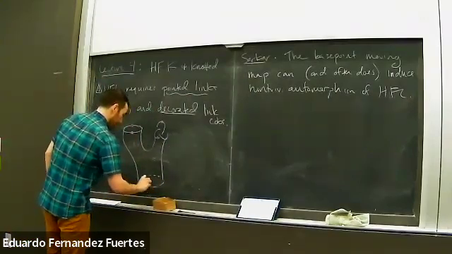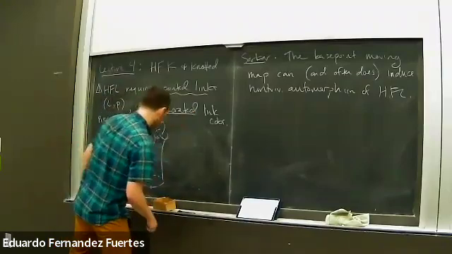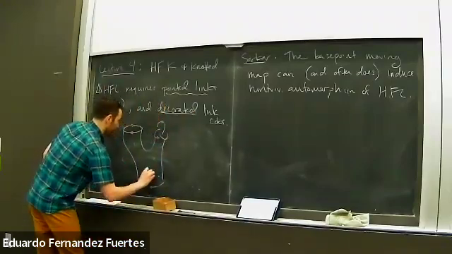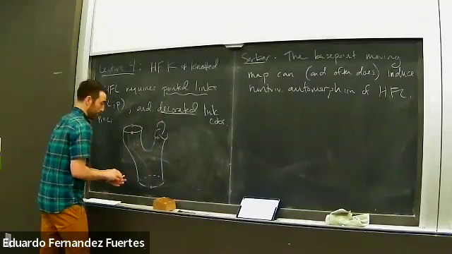And so, for example, do I want to draw this in a particular way? I don't know. I'll just draw it. Not too interesting. Maybe I'll put some genus here.